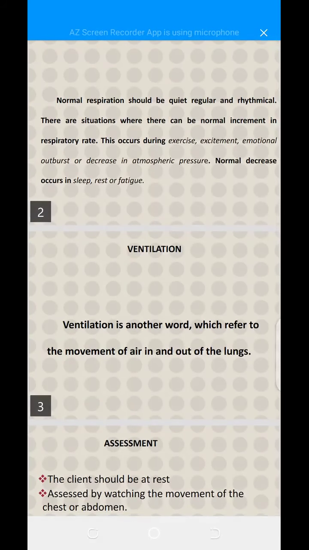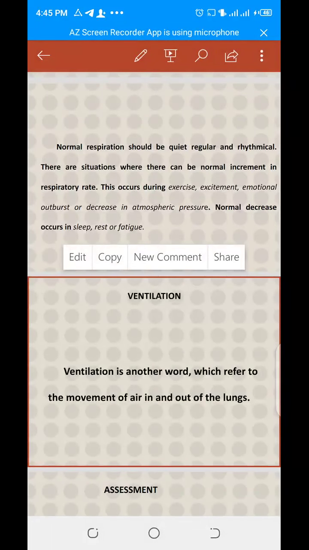Under normal circumstances, the respiration should be quiet without any noise, and it should be regular, not irregular, and rhythmical. It should neither be shallow nor very deep.